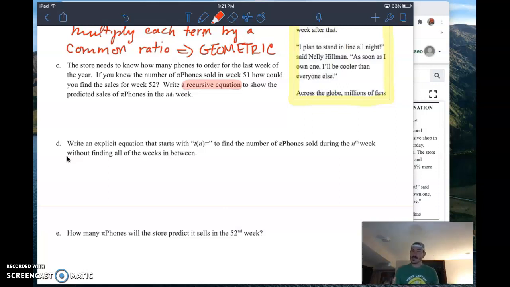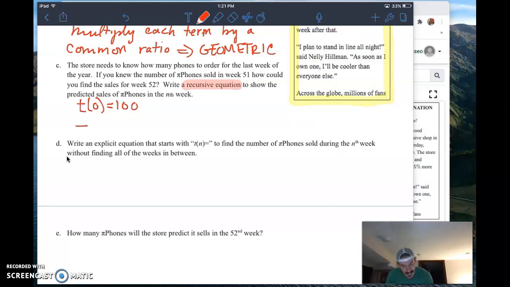Now, this isn't too tough to write. The recursive rule is very effective when dealing with a small number of weeks, in this case week 0 to week 4. It was very easy to make that table. I start with a starting value, in this case the number of phones for pre-order, week 0. I know that that's 100, and then I tell everyone exactly what I've got going on.